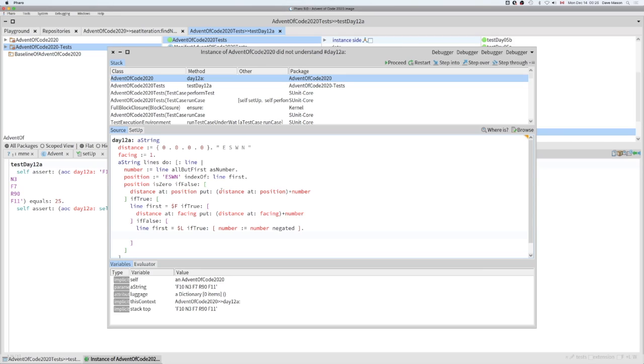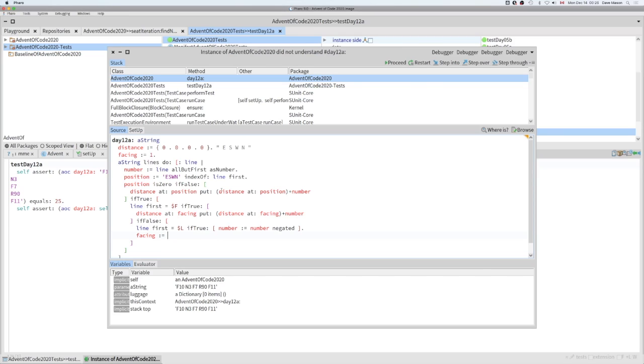So we want facing to be... So what we'll do is we'll take the number divided by 90.